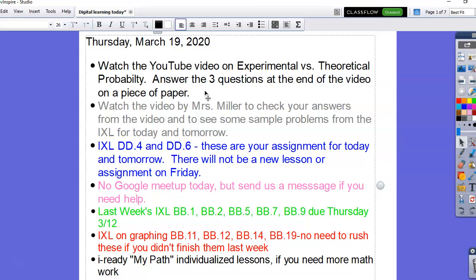So basically what we have been doing, when we are looking at what could possibly happen, is theoretical probability. That's using math to determine probability.